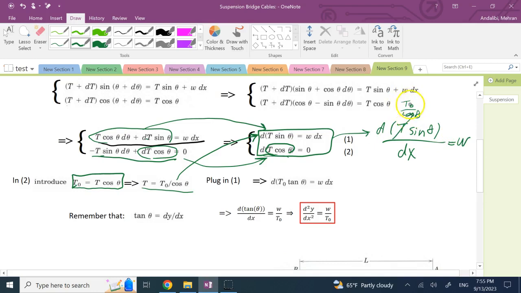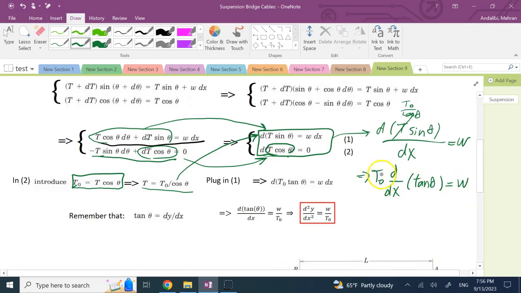Remember that t naught is a constant. I can take it out, and sine theta over cosine theta becomes tangent of theta. So it becomes t naught d over dx of tangent of theta equals w.